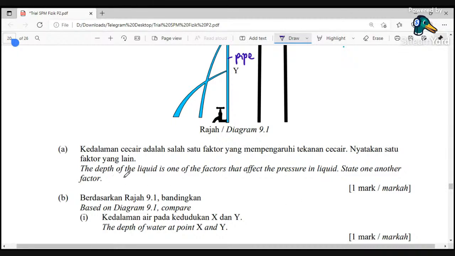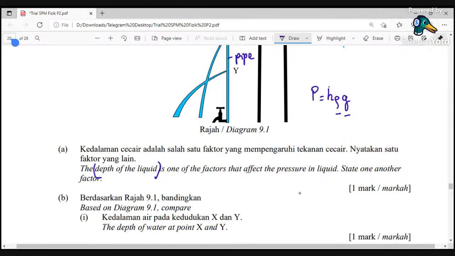Here, the depth of liquid is one of the factors that affect pressure in liquid. Instead, one another factor. So this one is about pressure in liquid. You can go back to the list of formula if you forgot. So you have pressure in liquid, P = h rho g. Depth, density, gravitational field strength, or gravitational acceleration g. So mentioned here is already the depth of liquid h. So means you have another 2. So you just take one here for 1 mark.